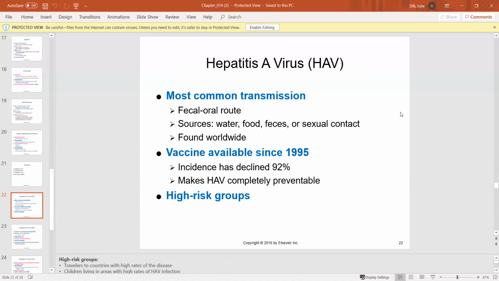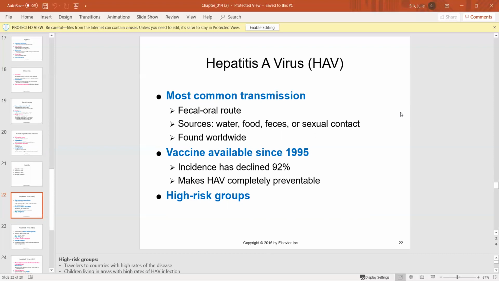So when you talk about A, hepatitis A, you're going to get this through the fecal-oral route. So like you could be down in Mexico on a vacation, and you could have messed up water. So you could get it from that. Or you could eat something that wasn't cooked right, or maybe someone didn't wash their hands when they went to the bathroom and then they made your food.